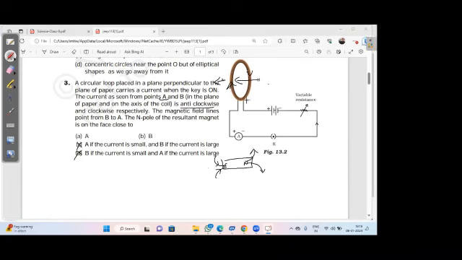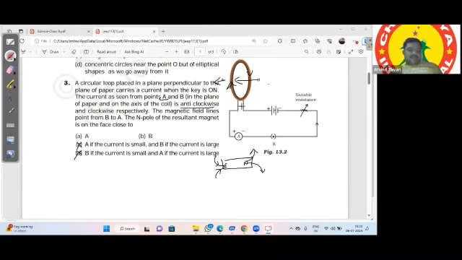So if you observe in this diagram, you can see the magnetic field lines entering towards A. The pole from which the magnetic field lines come out is the north pole.